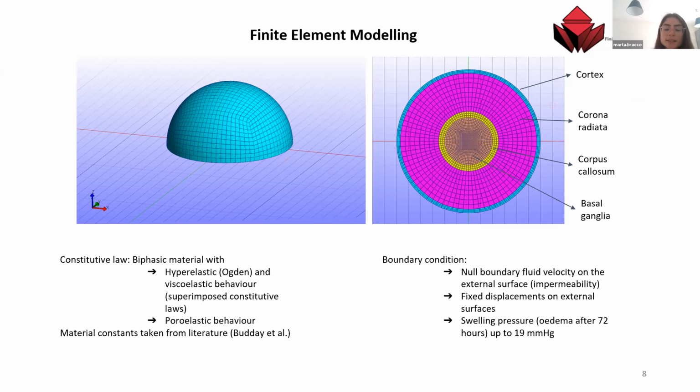And in addition, to simulate the other phase of the material, so the fluid phase, we added poroelastic behavior. So we defined a permeability coefficient. And for this step, we have considered the material constants that we have found in literature, and we have converted them to the FEBio standard properties.